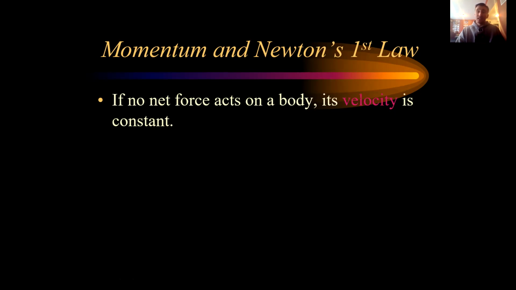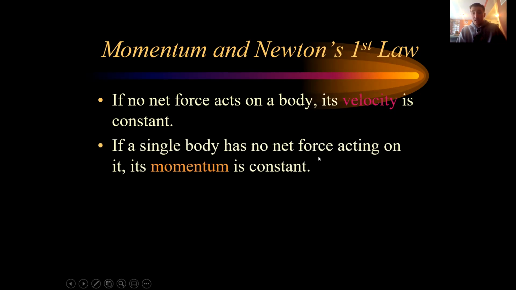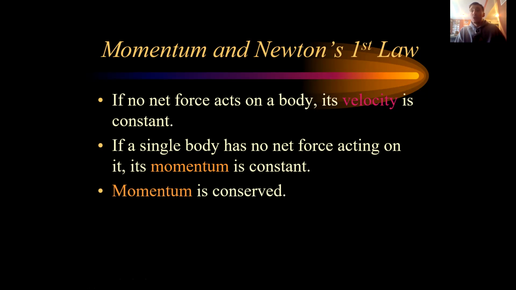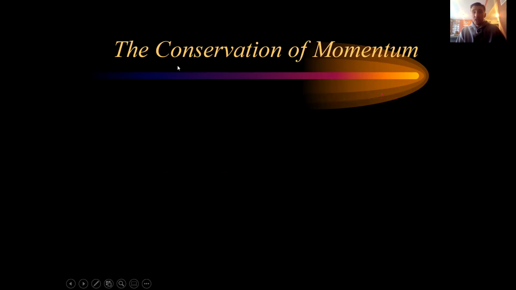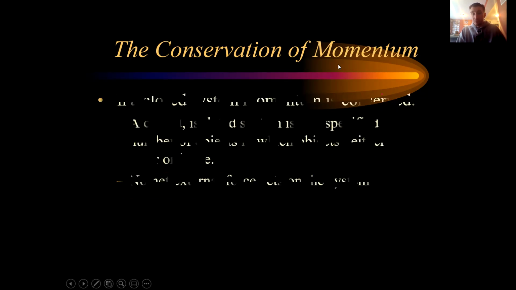If it remains at a constant velocity, what do you think happens to its momentum? Well, it also remains constant, right? If it has no net force acting on it, in other words, not changing its velocity, its momentum is not going to change either. So what we can say is momentum is conserved. If there's no outside force acting on the object or the system, we can say that momentum is conserved. And that gives us the law of conservation of momentum.